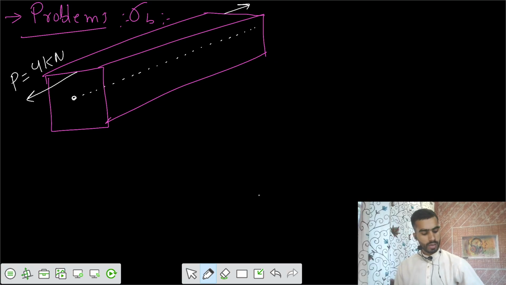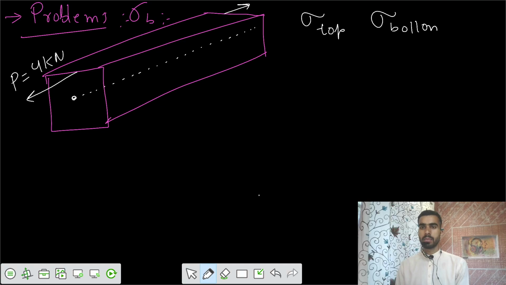So if you have to get the maximum, you have to get the stresses at the top and the stresses at the bottom of this beam because of this loading.